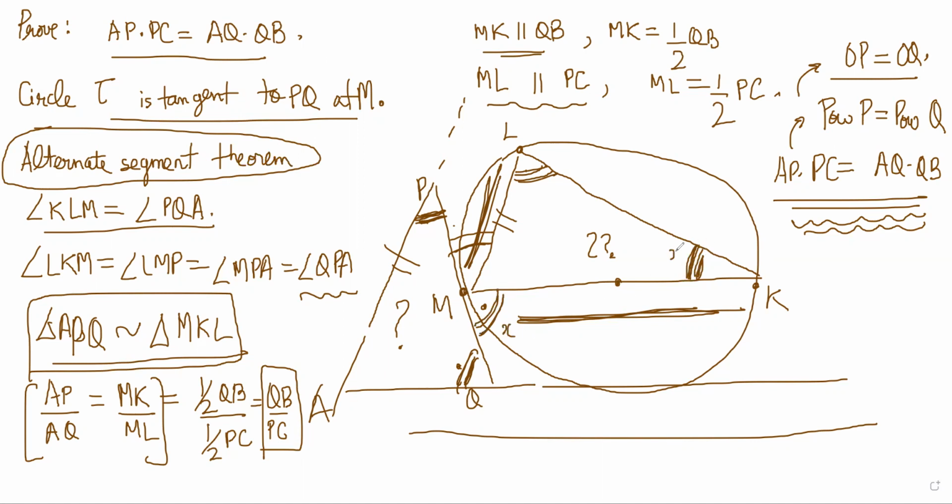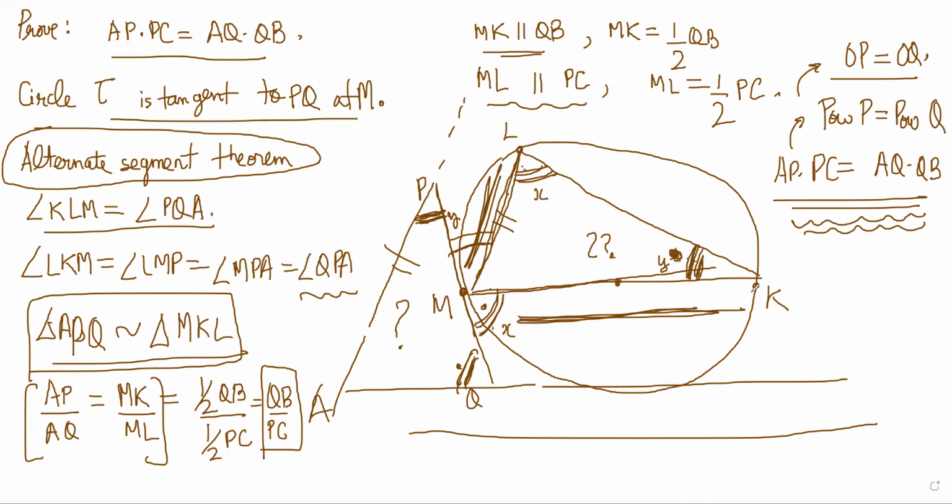This was X, and this was Y, and this was Y. This is by alternate segment theorem. This is the angle between a tangent and a chord, and that same chord subtends the angle X here. Similarly, the same tangent and a different chord, and that different chord subtends the angle Y here.